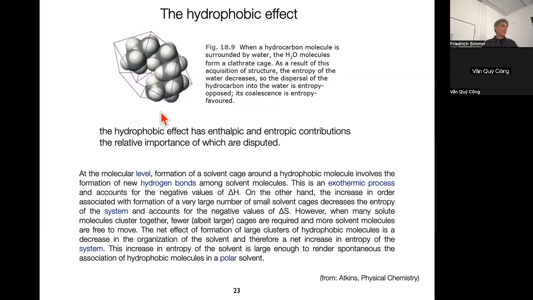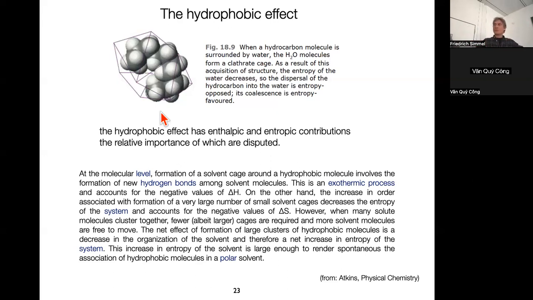Now, if these hydrophobic molecules come together, then they form a bigger aggregate that has in total a lower surface area than the individual molecules that are surrounded by these water networks. And that means that water is actually released by the aggregation of these hydrophobic molecules. So not so many water molecules are required to form that cage.